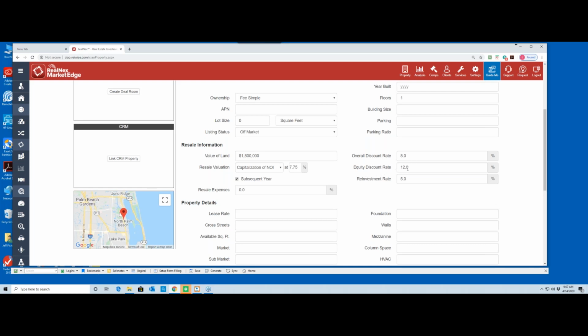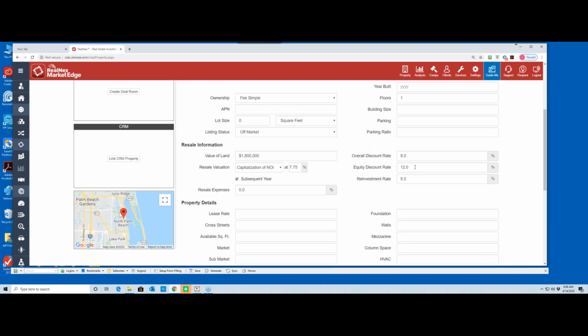There's also an equity discount rate that's going to be used to discount the cash flows after your financing. That would normally be higher than your overall discount rate because of the way leverage hopefully results in a higher rate of return on your property.